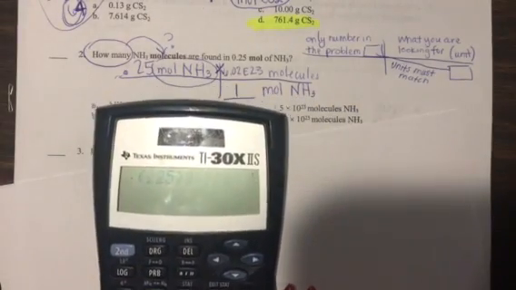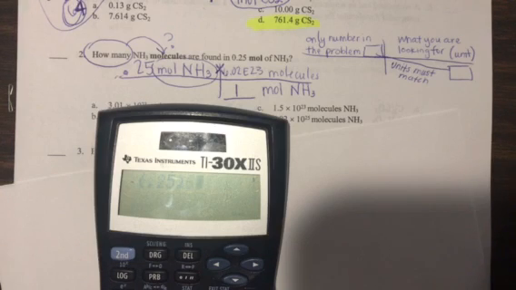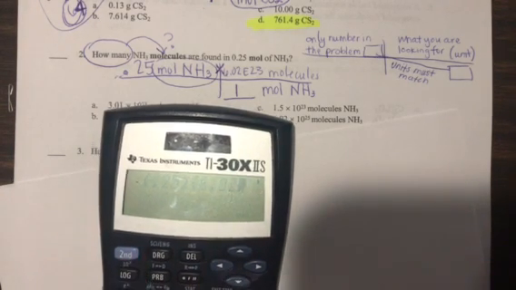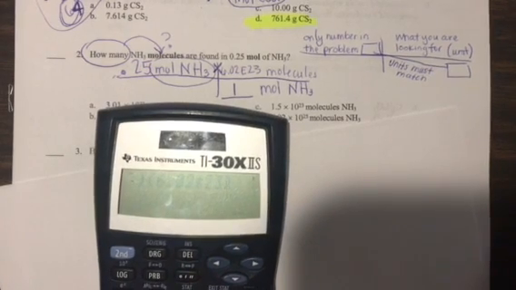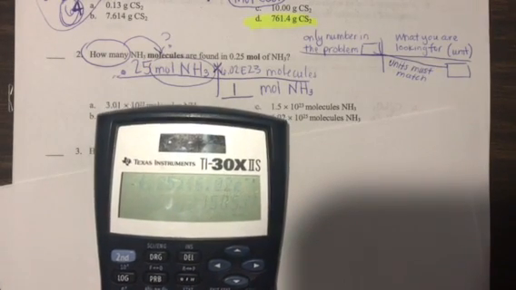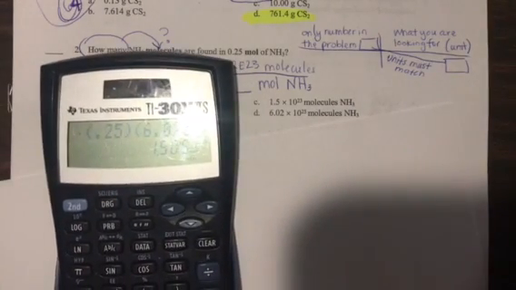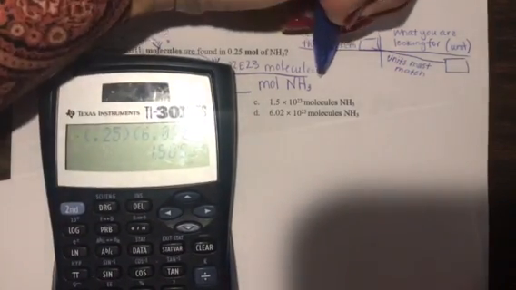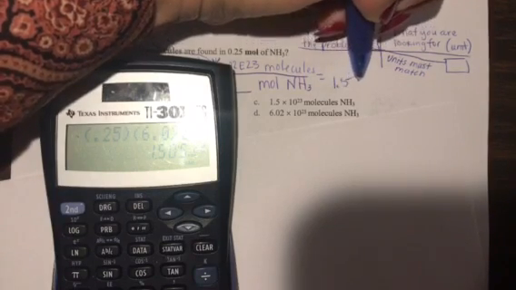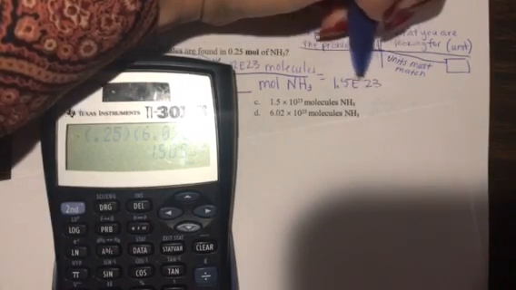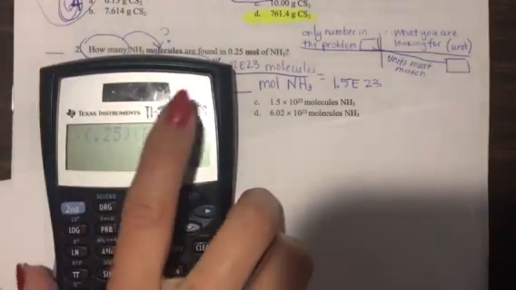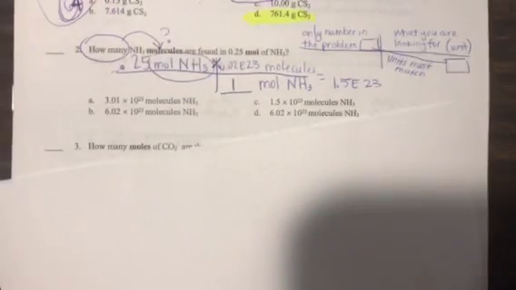So that's 0.25 times 6.02 times 10 to the 23. So this is what I got. Tell me if you get something different. 1.05 times 10 to the 23.